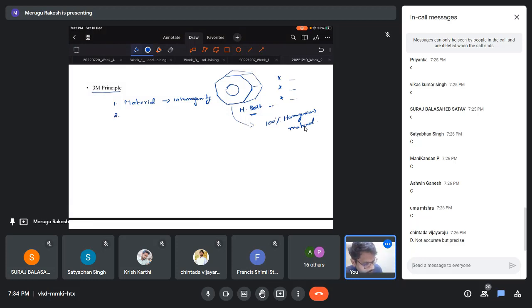Then once the material is available, I will take it to a machine which will have some wear, errors, whatever. The third one is the man who is operating it. The main thing you have to be concerned about is the skills.